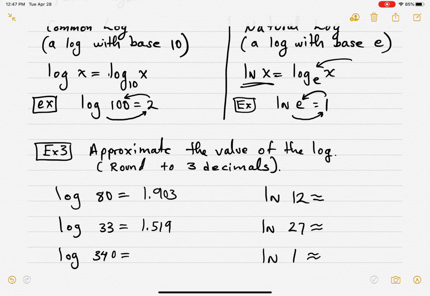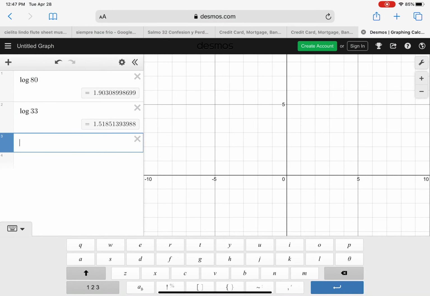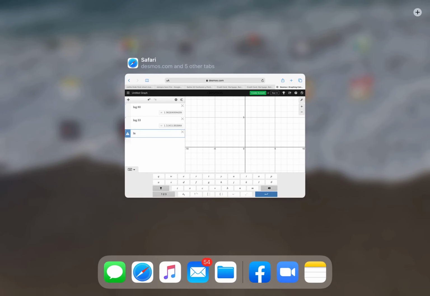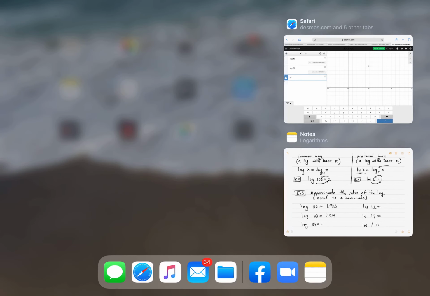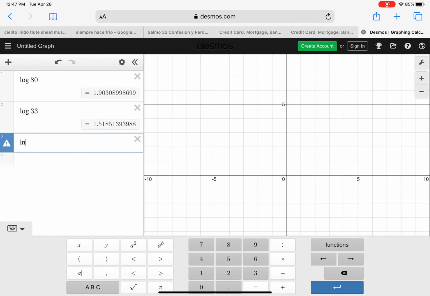Let's go ahead and try the natural log. Let's see what the natural log does. So just type in ln, so natural log of 12. And you can see that you get 2.485 if you round it.